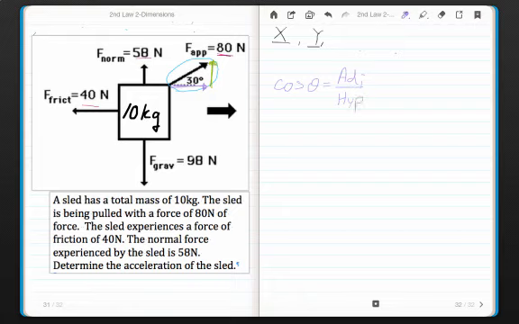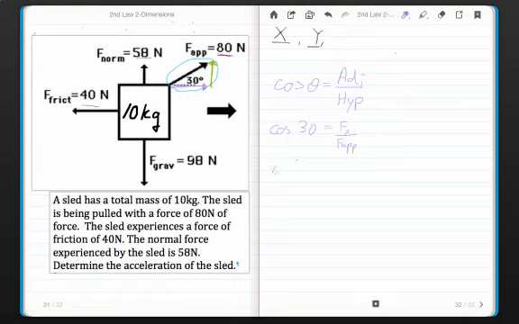So we have cosine of 30 is equal to adjacent, which in this case would be f of x, over the hypotenuse, which is the force applied.